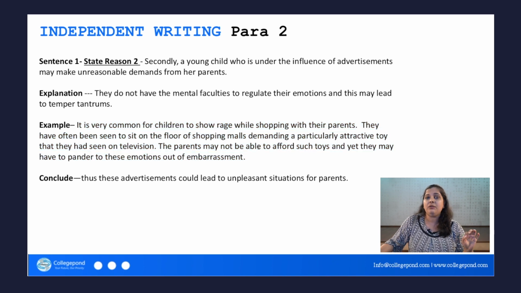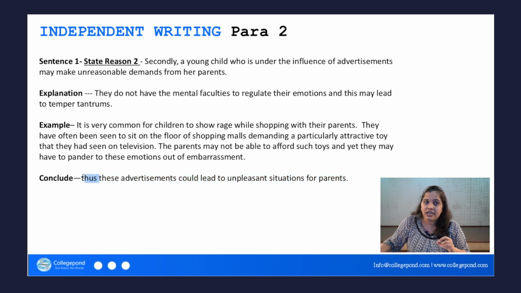The parents may not be able to afford such toys, and yet they may have to pander to these emotions out of embarrassment. Is that a good thing? No, not really. So that's reason enough to actually not show these advertisements to these children in the first place, right? That kind of justifies that. Then you could conclude this whole paragraph saying that thus these advertisements could lead to unpleasant situations for parents.